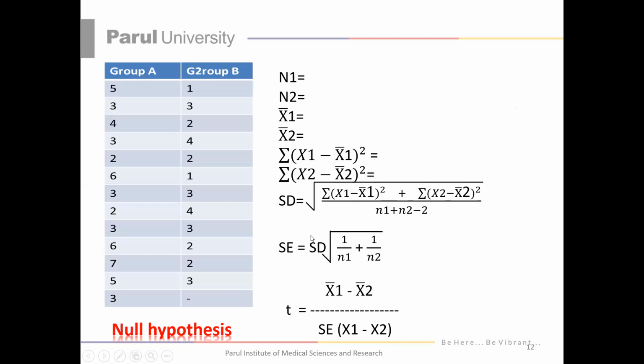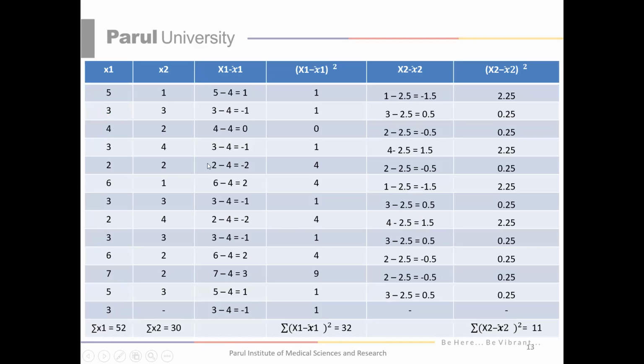Now we need to calculate all these terms. So for this we create a table. x1 is the observation of a study group, x2 is the observation in a control group. In unpaired T test, the number of subjects in the two samples could be equal or could be unequal.